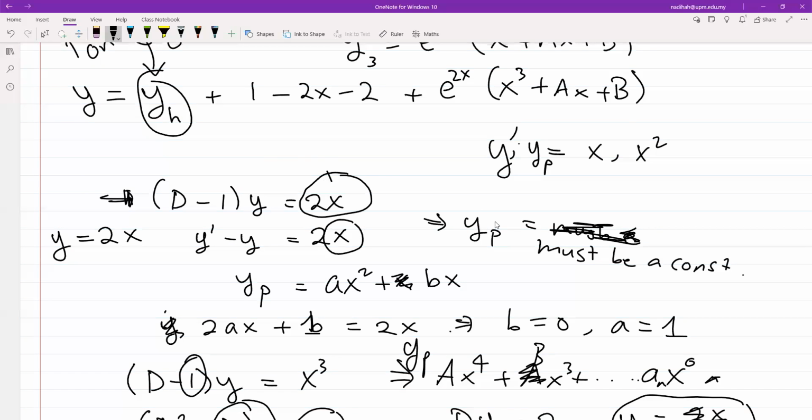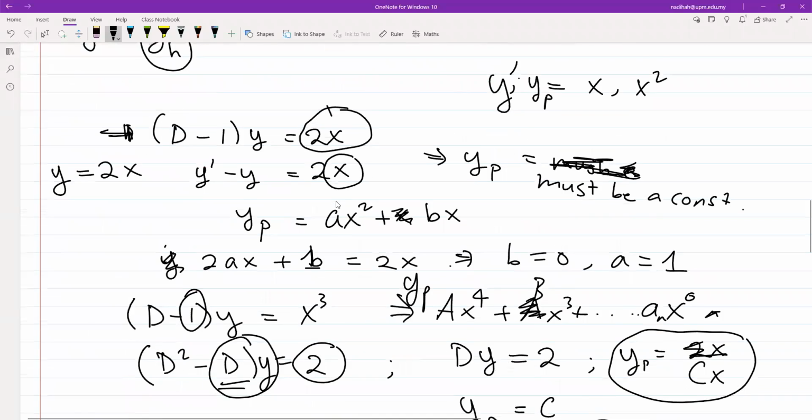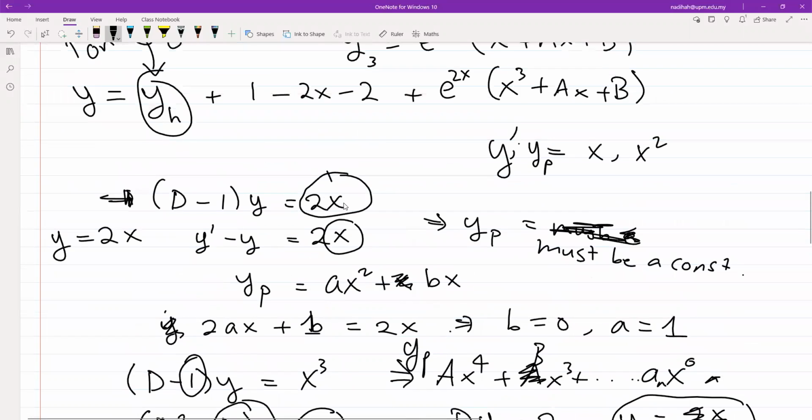Benda ada yang saya tak padam. YP. Tak, doktor memang tulis AX. Memang 2x. Okey, so 2x, mesti saya ada tulis satu lagi lah. Yang awal sekali saya tulis, waktu doktor tulis constant je. YP must be a constant.